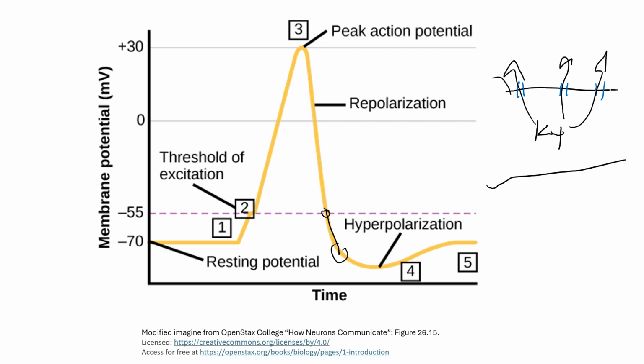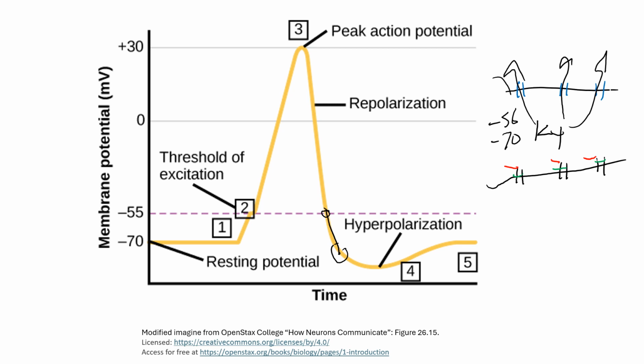And then I said somewhere between -56 and -70, the voltage-gated sodium channels are going to reset. What that looks like is the voltage-gated sodium channels would have those inactivation gates pop open, and their activation gates would close.